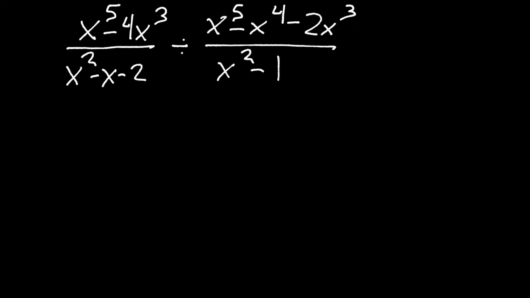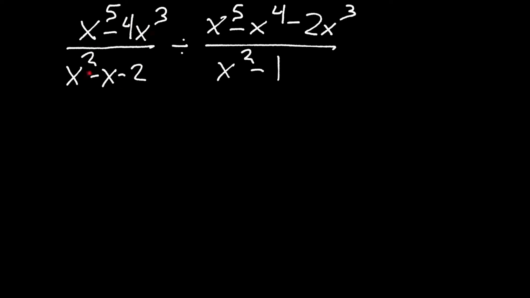You most definitely could multiply these top times top, bottom times bottom after we flip it. But this is going to be a prime example for why factoring and canceling out first before we do the final multiplication steps is your best choice. So let's take a look at what we're going to do.